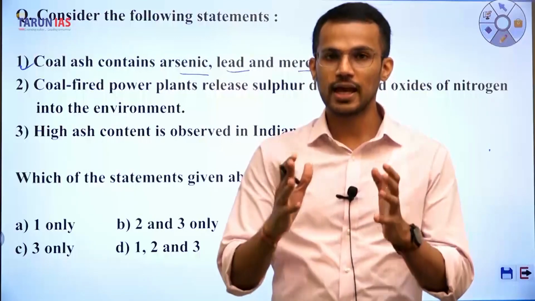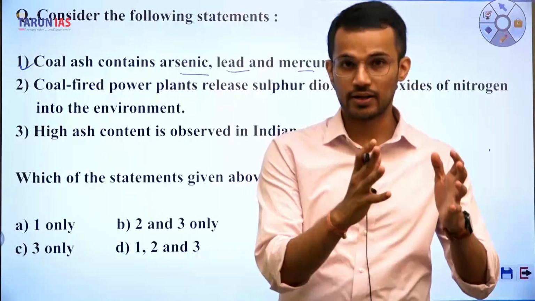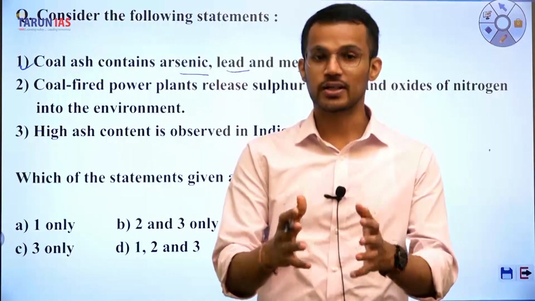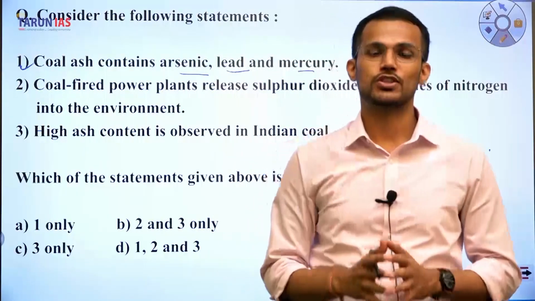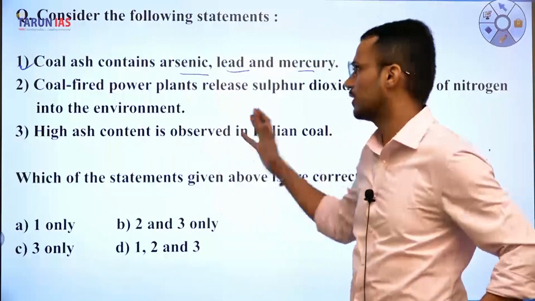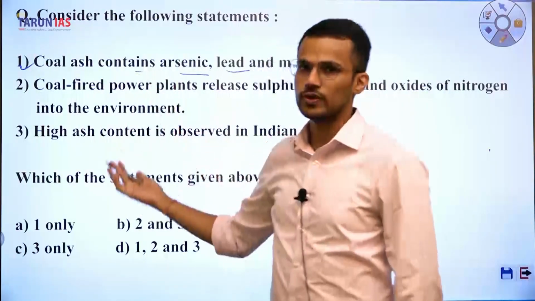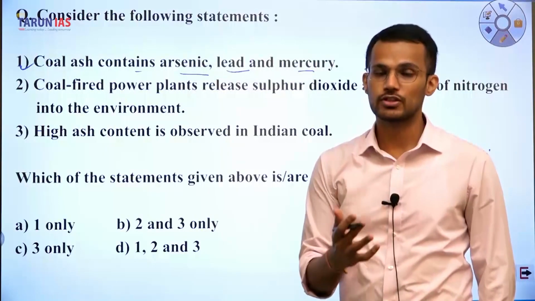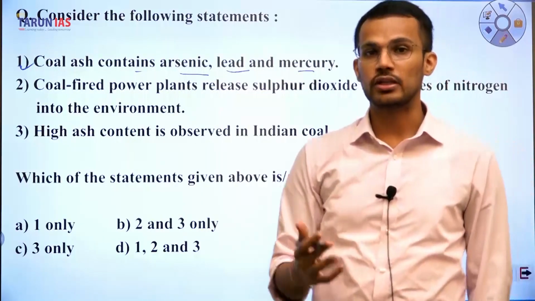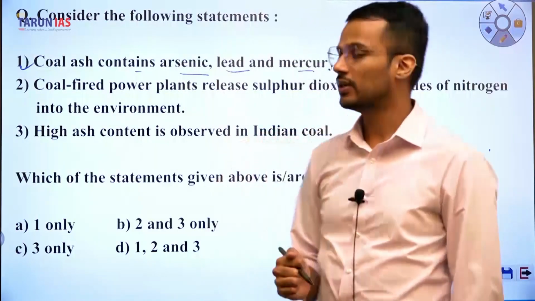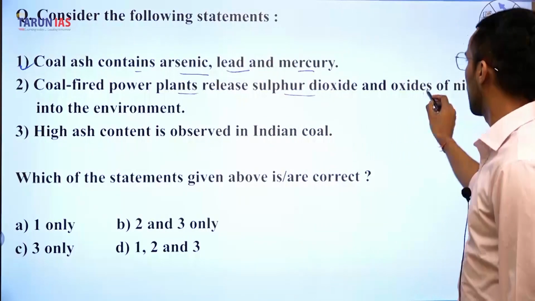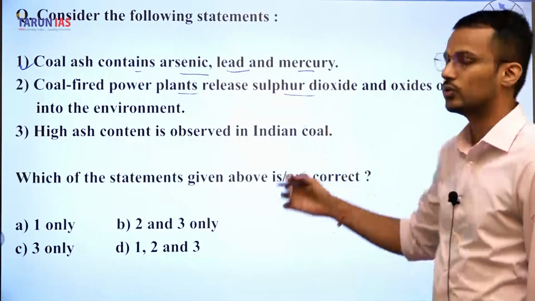They not only help you to have a direction, but sometimes they also help you directly solve questions in your exam. The first statement is correct because we know that coal ash or fly ash consists of certain toxic elements like arsenic, mercury, lead, chromium. Second statement: coal-fired power plants release sulfur dioxide and oxides of nitrogen into the environment.